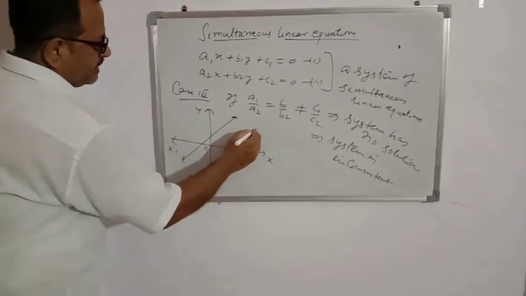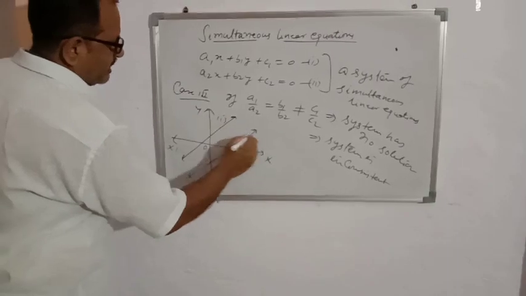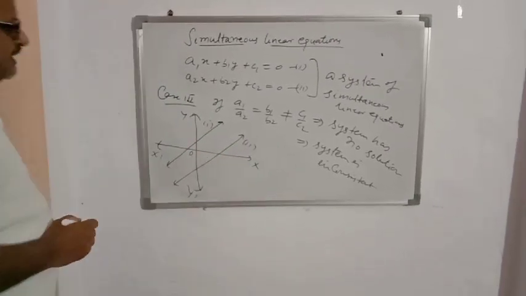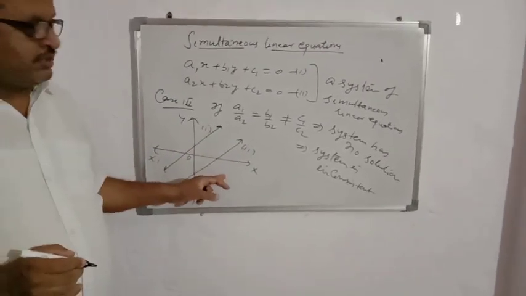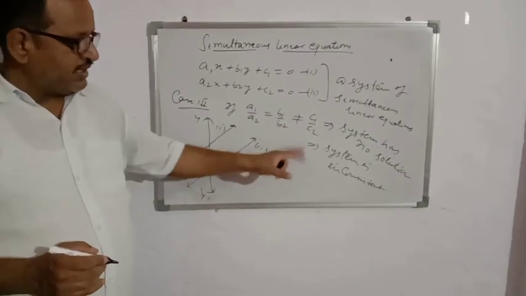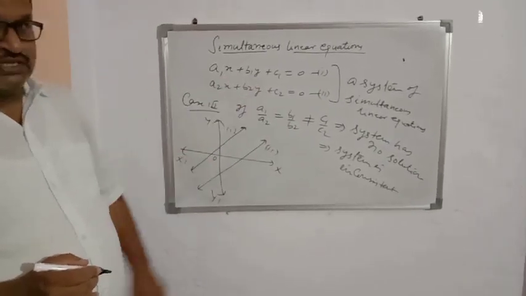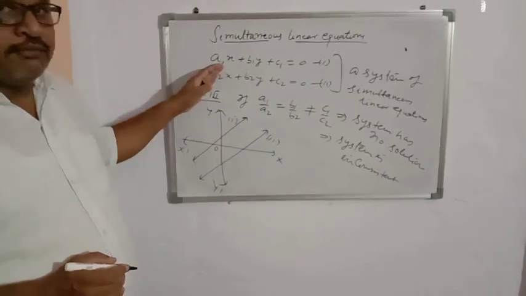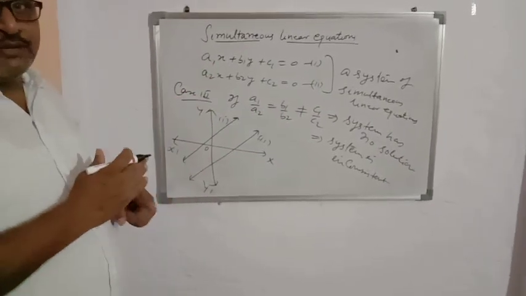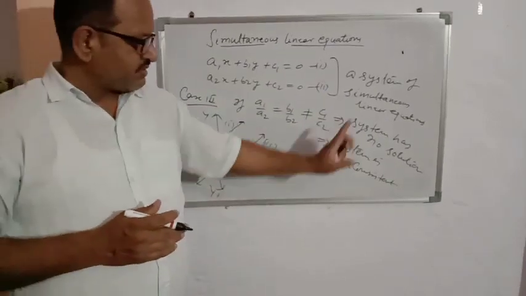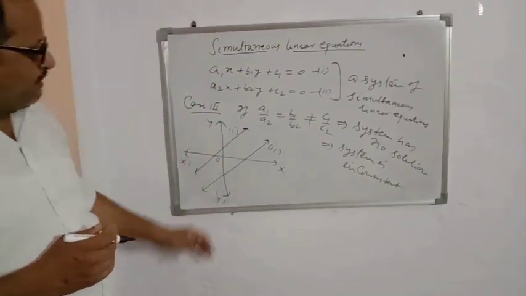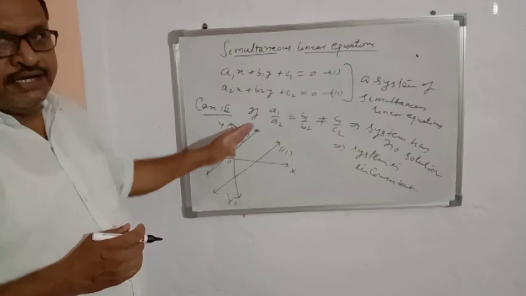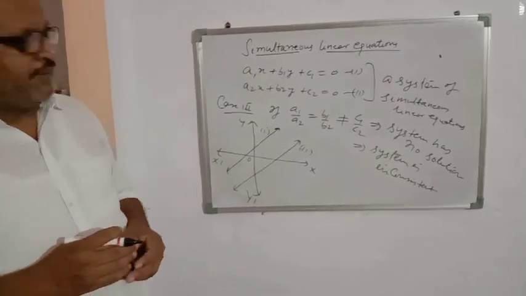This is the first line, this is the second. They will not meet at any point. It means we cannot get any solution of these two equations. So graphically we can say that both lines will be parallel if they have no solution. If they meet at one point, it means there is a unique solution. If both lines coincide, it has infinitely many solutions.